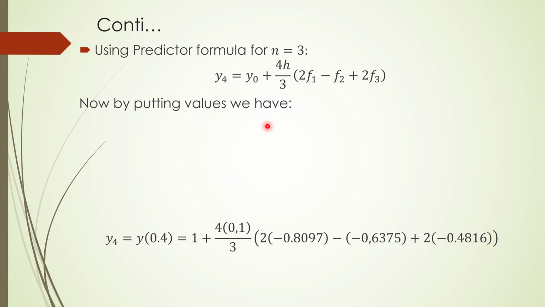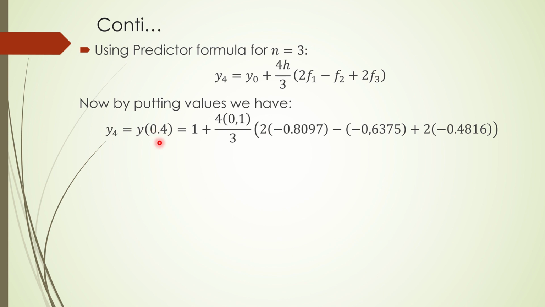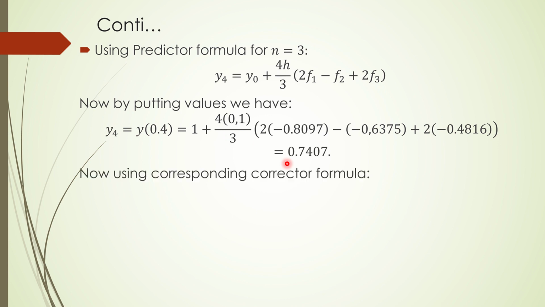Putting the values, y4 equals 1, because my y0 is 1, plus 4 into 0.1 because h is 0.1, and then putting the values of f1, f2 and f3 to get this value. This is 0.7407.